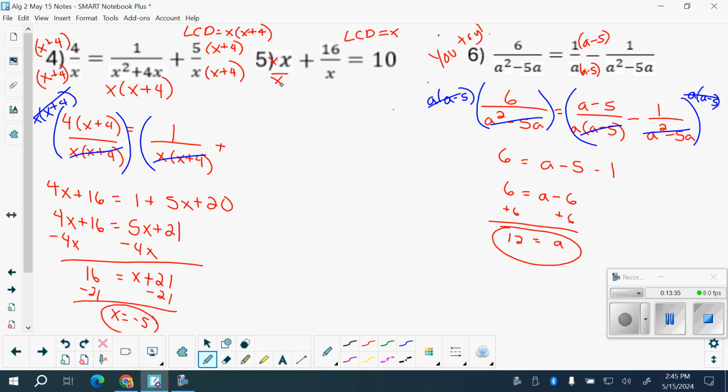And then this one, the x is already there. And then we're going to multiply by x over x. Does that make sense? So then we get x squared over x plus 16 over x equals 10x over x. What next?